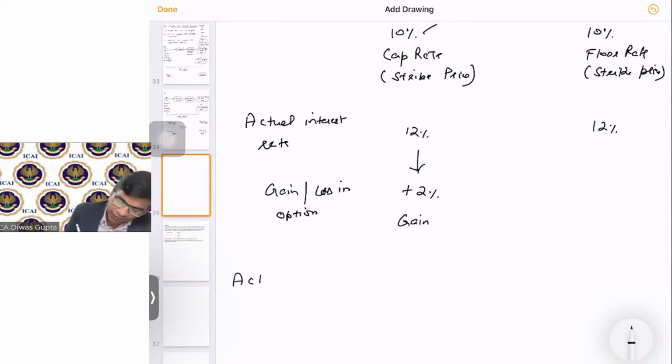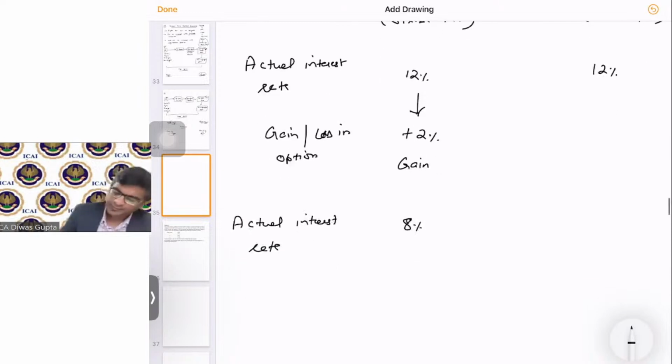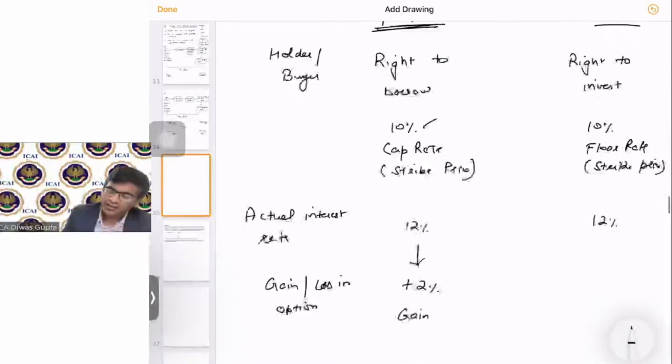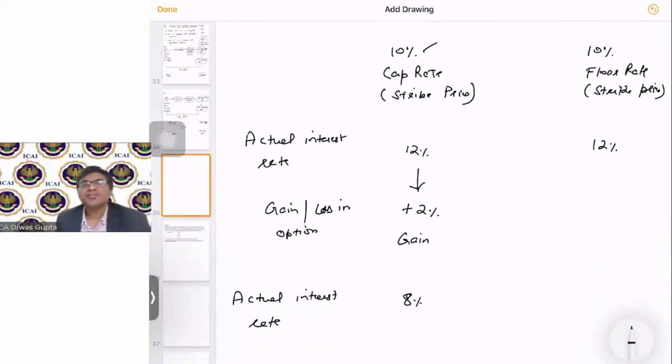Now, what if the actual interest rate is actually 8%? Now, students, what will happen here? If the actual interest rate is 8%, what will the holder of the cap option think? The holder of the cap option will say that I have a right to borrow at 10%, and at the same time the market is offering me 8%.